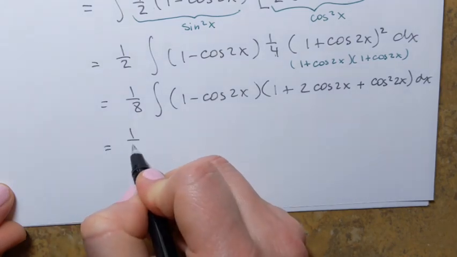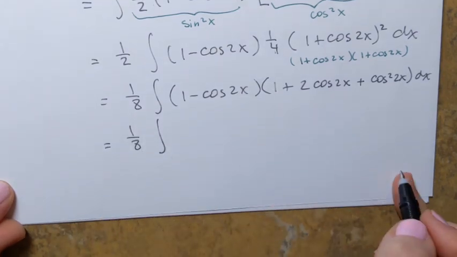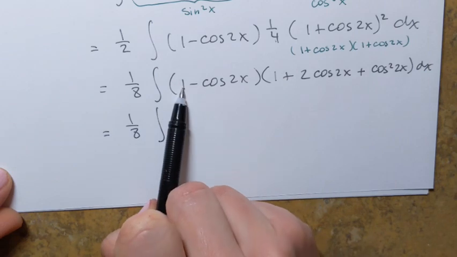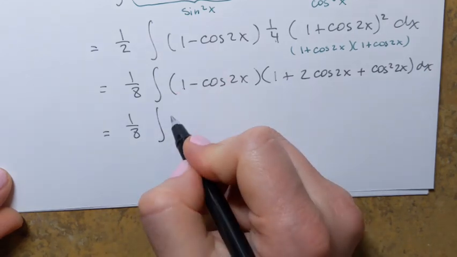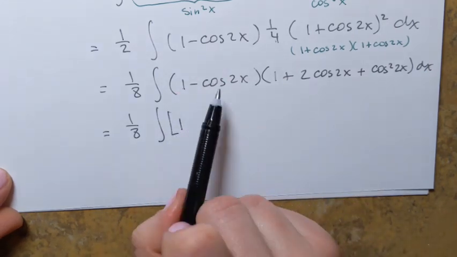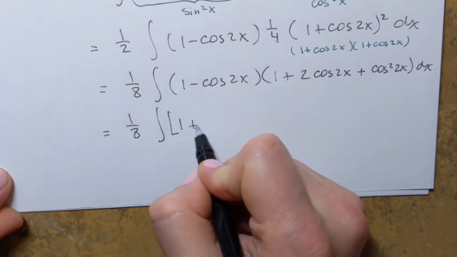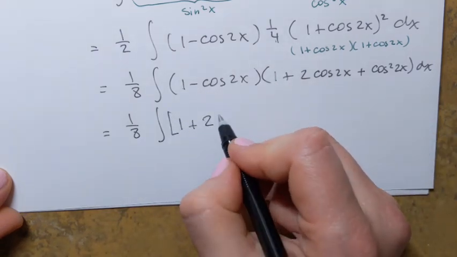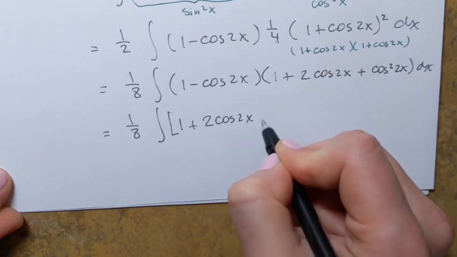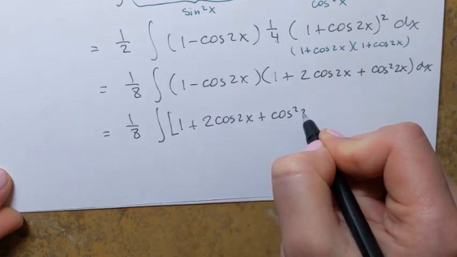Let's see what we're going to end up with. We haven't even started integrating yet. 1 times 1 is 1. Plus, so it's 1 times all of that, so I just have to rewrite plus 2 cosine of 2x plus cosine squared of 2x.